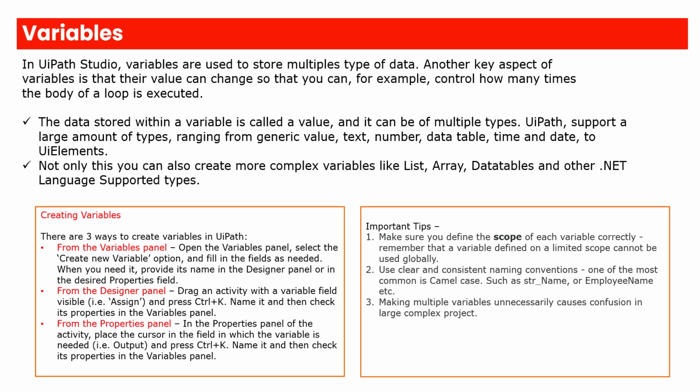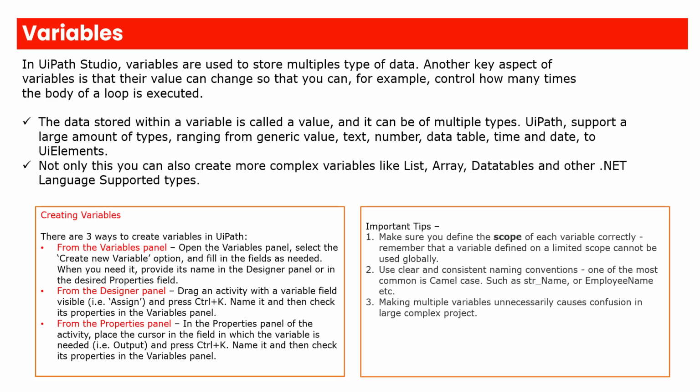You should be able to store text, which is a string. We should be able to store a number, which could be further divided into integer, double, and so on. Similarly, a data table, which is nothing but information in row and column form, then array, list, date, all those kinds of information. You can also store an object, and that object can contain a complex object. We'll not discuss all of those things.